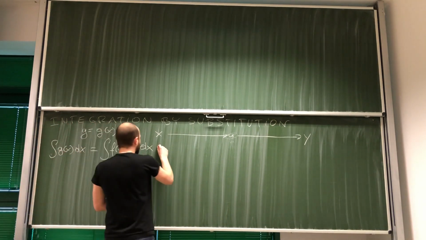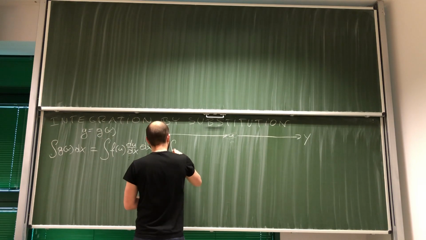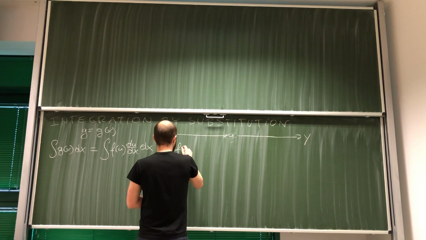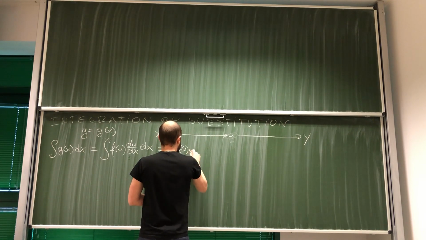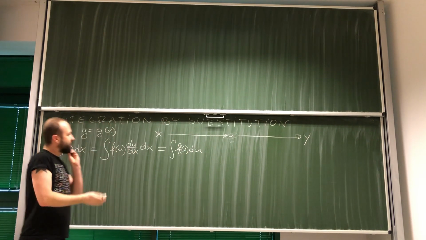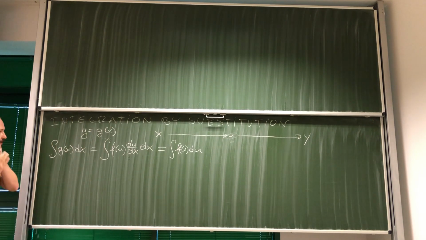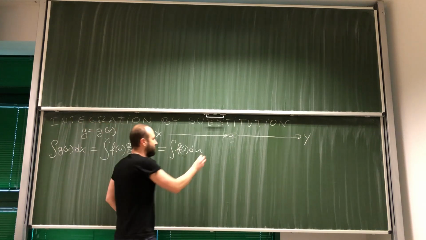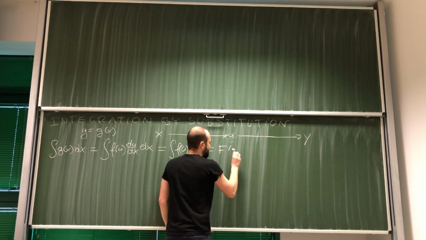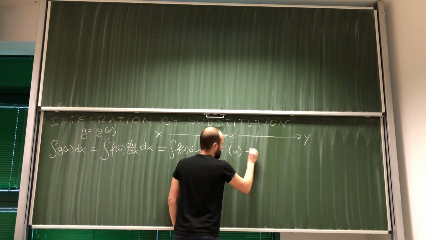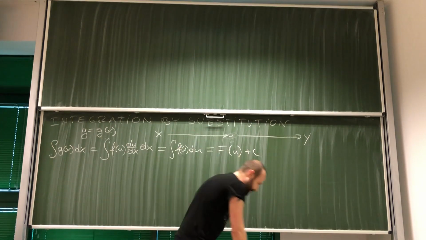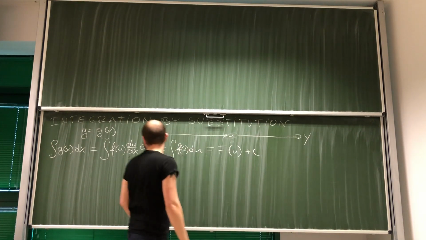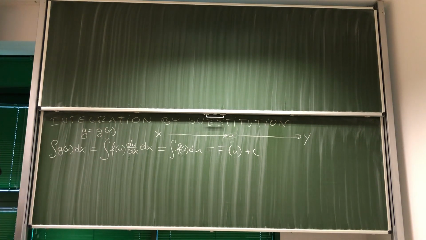So what we are obtaining as a result is an integral of f of u du. And the only thing we need to have is to integrate this new function. So as a result, we will obtain the integral of this function, of course plus some c.